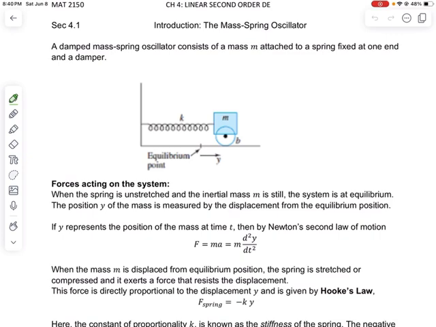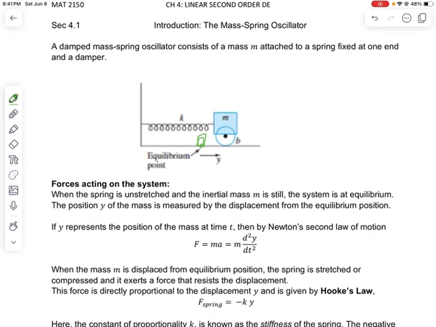So we are looking at a spring mass system with a damper here, and when the mass is at the starting position here, sitting like this, not moving, then we say it is in equilibrium position.